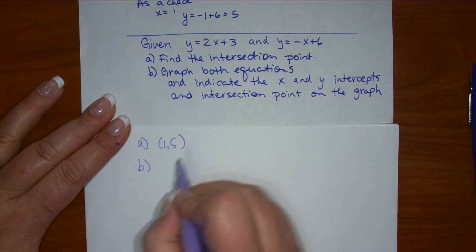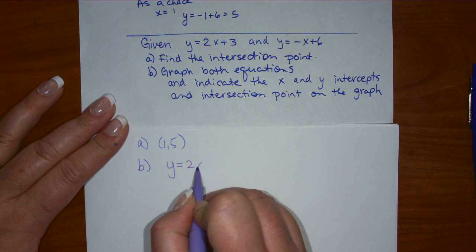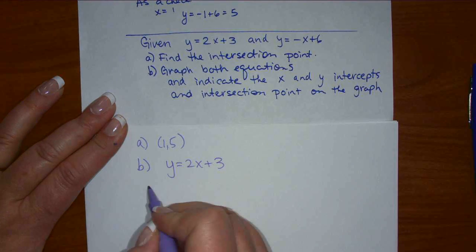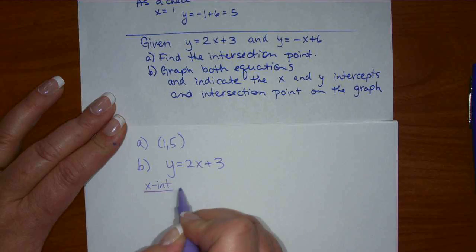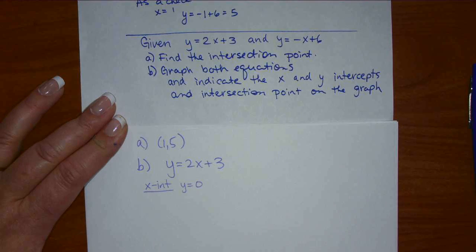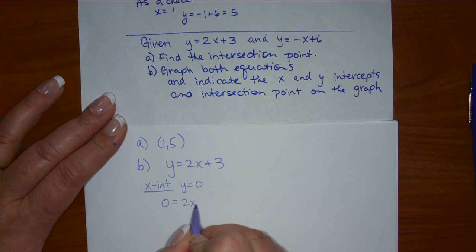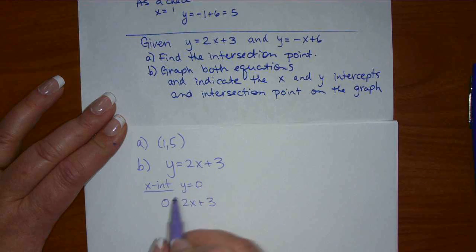So B, if you take our first equation, 2x plus 3, and we want to find the x and y intercepts for that. So the x-intercept, we would let y equal 0. Rearrange it.